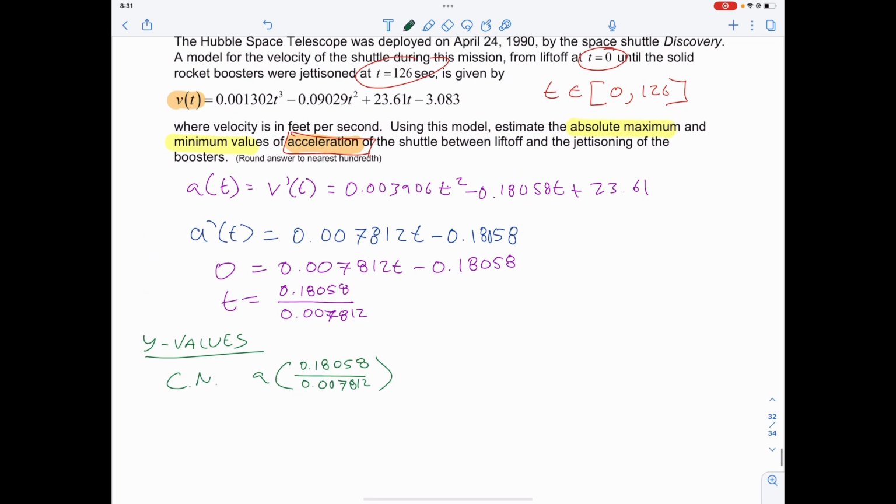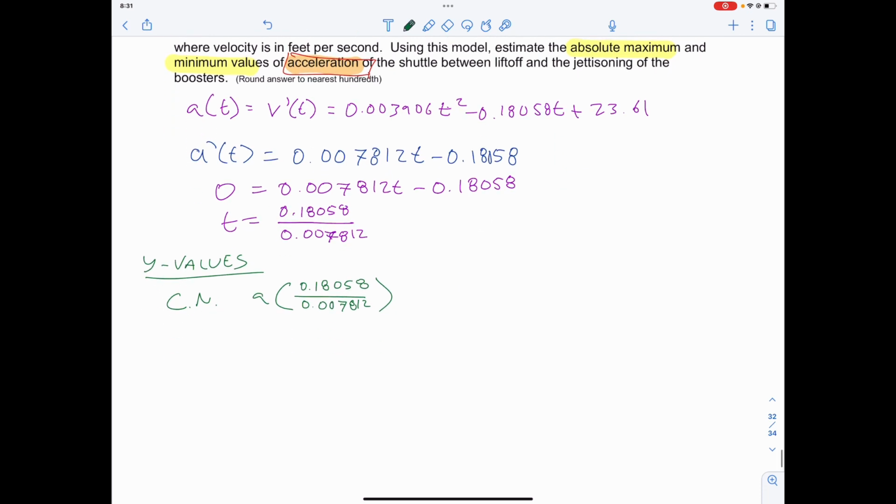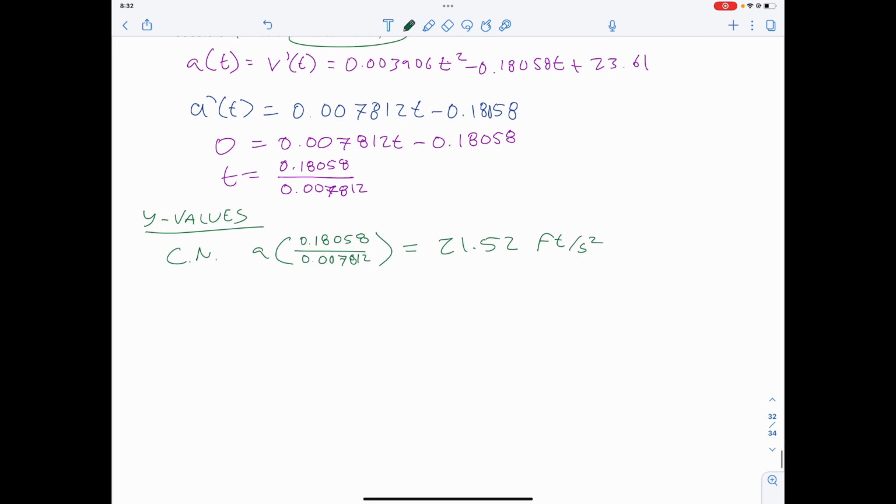And I'm going to put it back into this formula here to actually solve the acceleration. If it's doing it to the nearest hundredth, I'm going to get 21.52 feet per second squared.